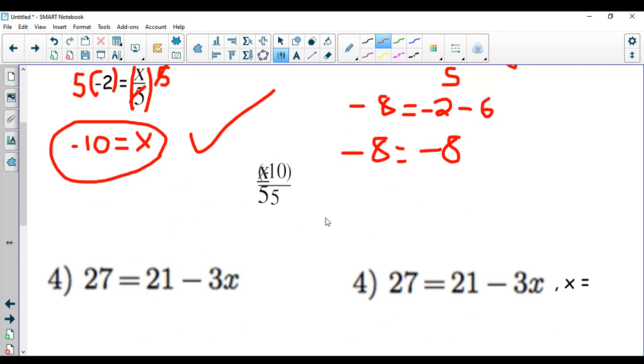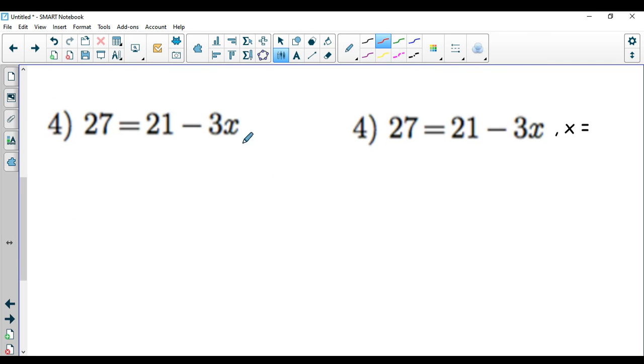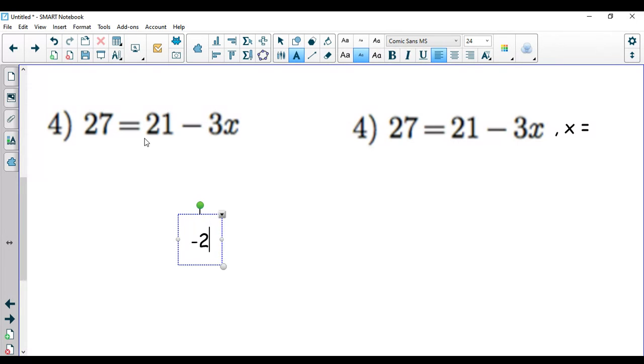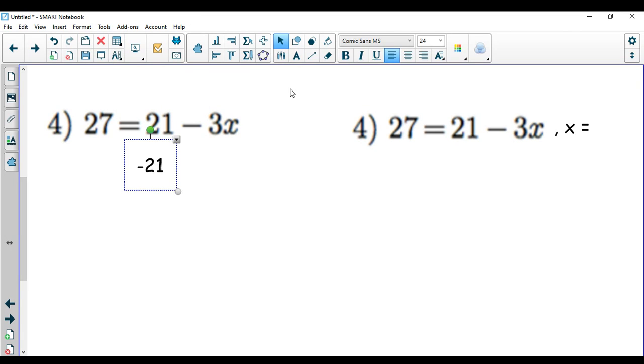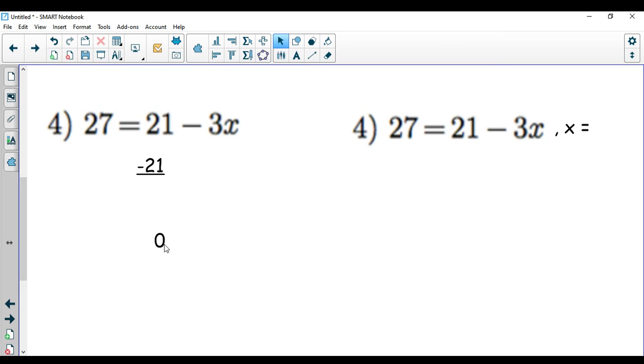Well done. Now let's try one with our numerical coefficient and a variable. In this one, let's see if we could go back to typing here. So I have to get rid of my 21. So I have to minus 21 from my right side. Let's do that, and that creates 0. Good.